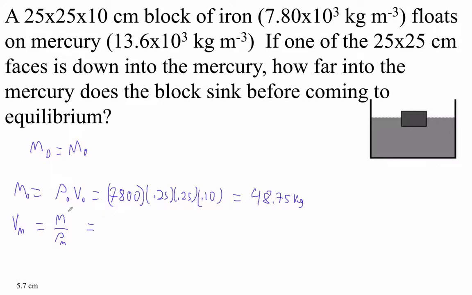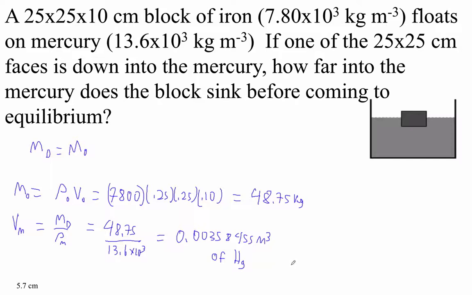The mass displaced is that same mass, so that's 48.75 divided by 13.6 times 10 to the third, so divided by 13,600. We have to displace 0.0035845, et cetera, cubic meters of mercury.